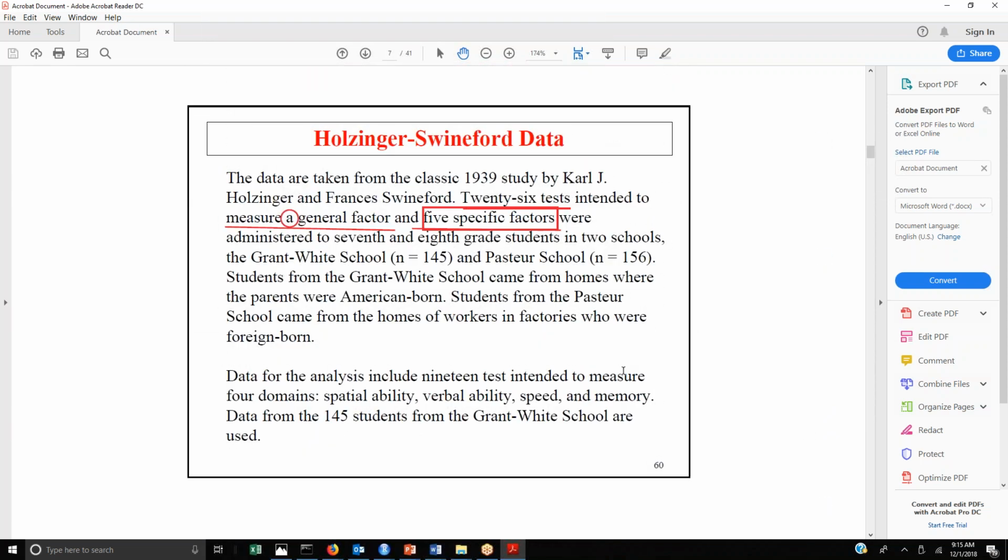Spatial ability, verbal ability, speed, memory. Okay, only 4 dimensions we are talking about, not 5. We are interested in these 4 dimensions.